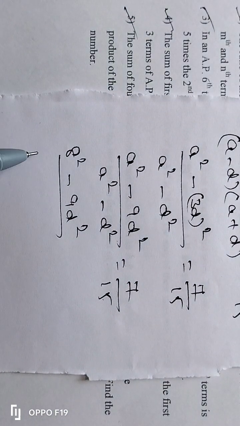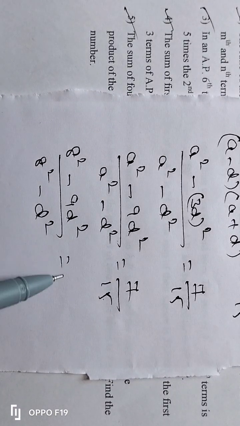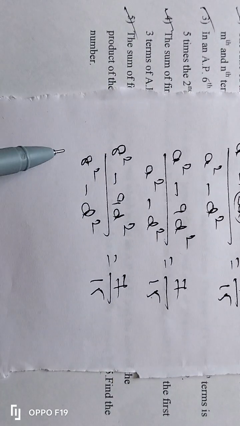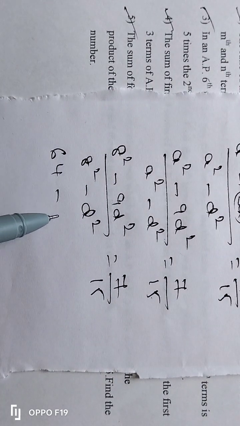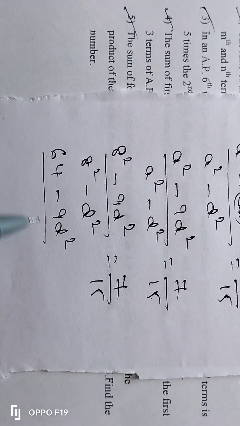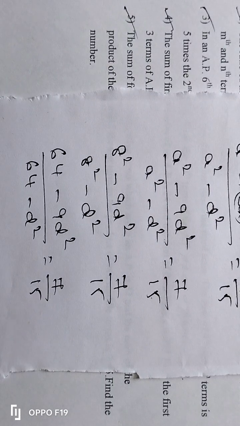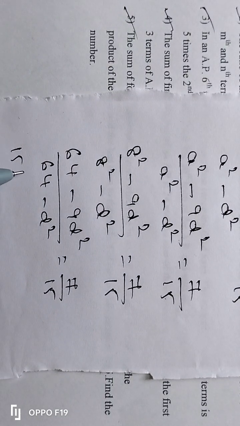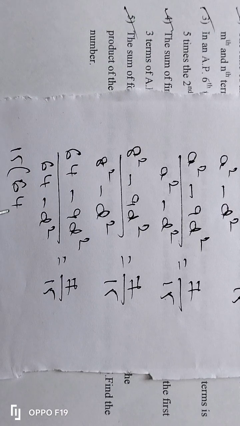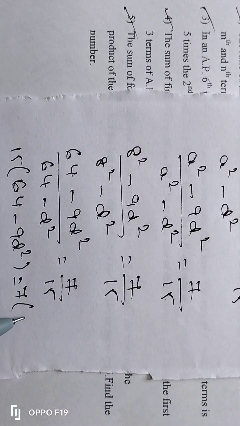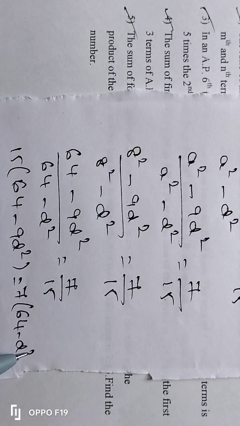So 64 minus 9d square divided by 64 minus d square is equal to 7 by 15. Cross multiply them: 15 into (64 minus 9d square) is equal to 7 into (64 minus d square).